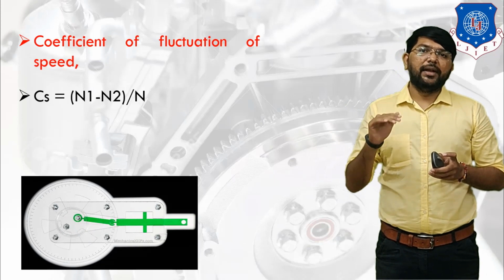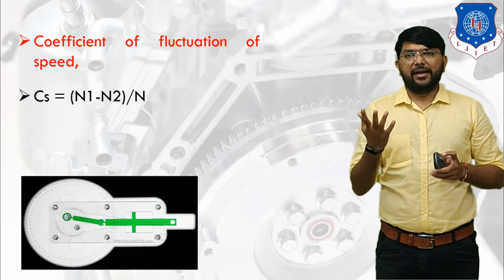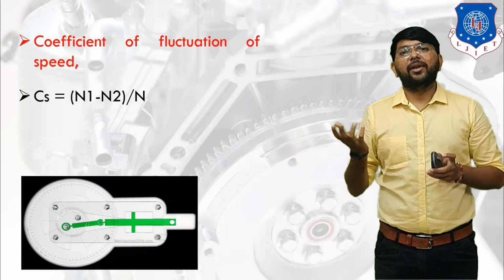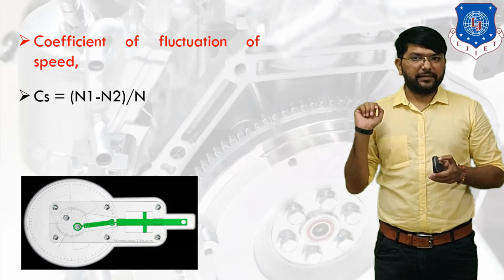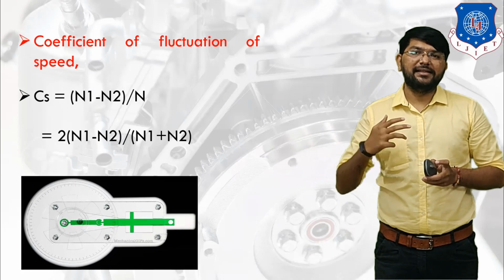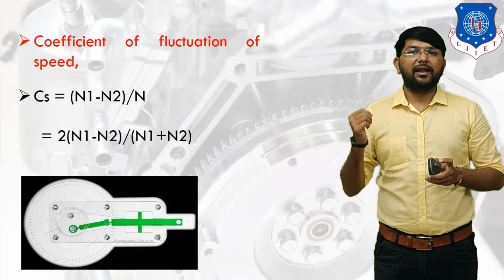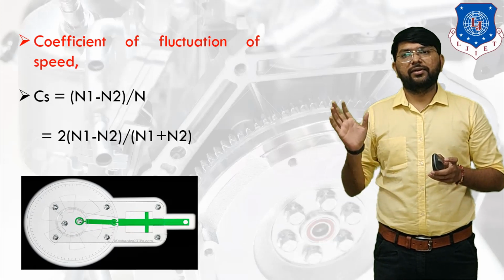N1 minus N2 indicates maximum fluctuation of speed and N indicates mean speed. Now we have the equation of the mean speed, N1 plus N2 by 2, so we put the value of mean speed here. The equation of Cs is converted into the form 2 times N1 minus N2 upon N1 plus N2. So this is the equation of coefficient of fluctuation of speed.